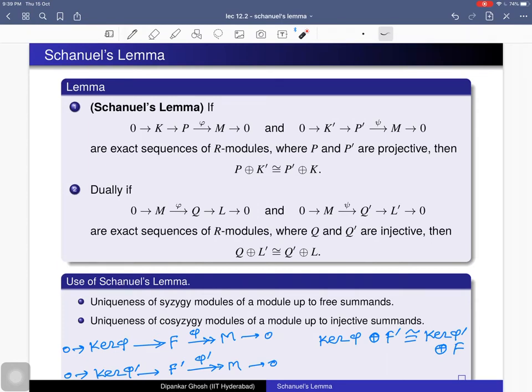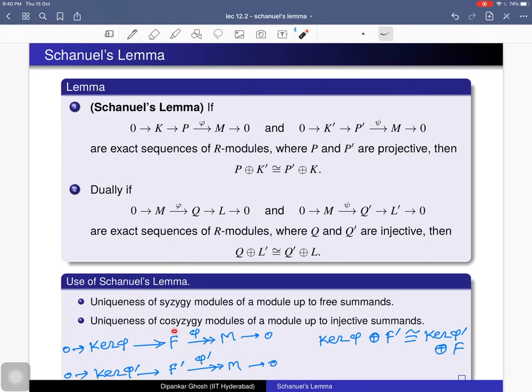In other words, for any R module M, you can have a free R module F such that from F to M you have a surjective module homomorphism. You can extend this to a short exact sequence just by considering the kernel of phi. Then the kernel of phi we call the syzygy module for this surjective module homomorphism.